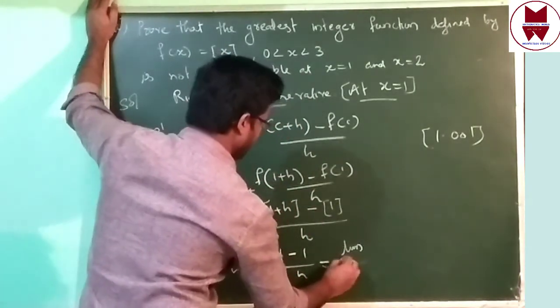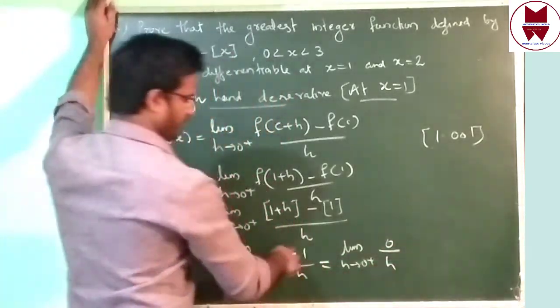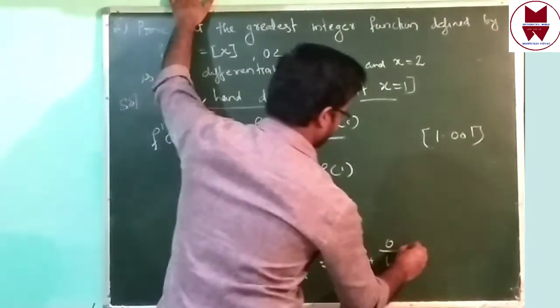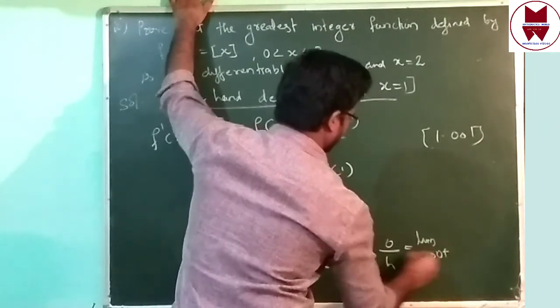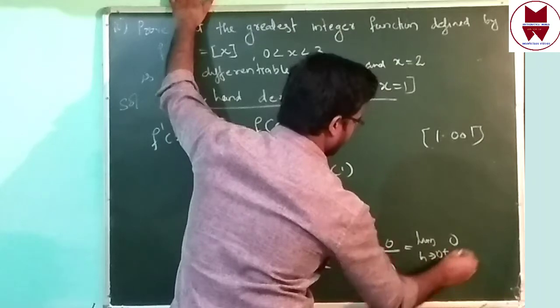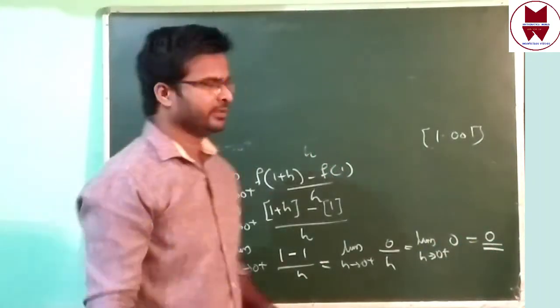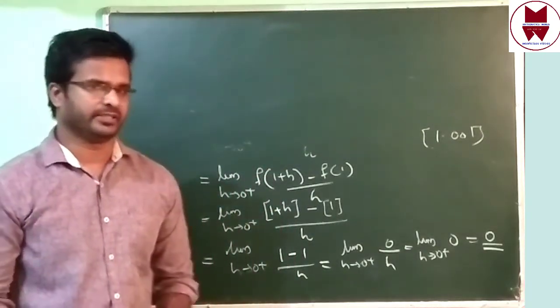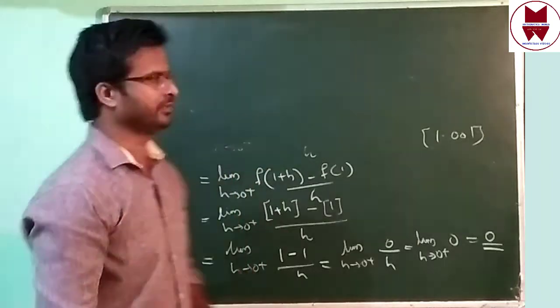Minus the greatest integer of 1, which is also 1, divided by h, equals limit h→0⁺ of (1 − 1)/h, and 1 minus 1 is 0, isn't it? Then 0 divided by h is 0. The answer is 0. Now we got the left hand derivative as infinity and the right hand derivative as 0, isn't it? That is completely different.